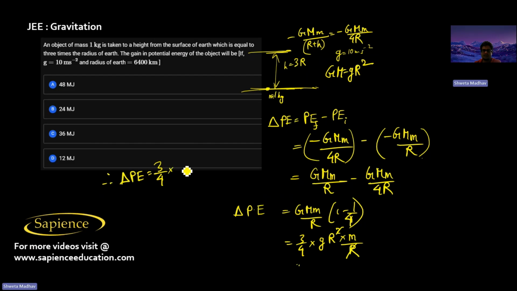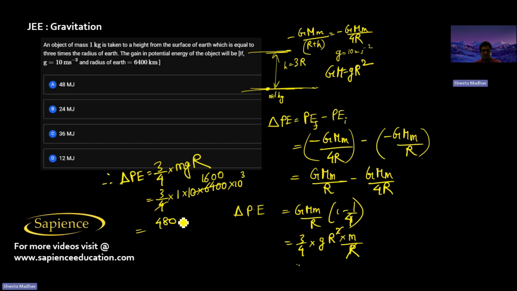3 by 4 into mgr, which will be equal to 3 by 4 into m is 1, into g, that is 10, into r, that is 6,400 kilometers. So 6,400 into 10 power 3. 4 into 64 by 4 is 16, 3 into 16 is 48.